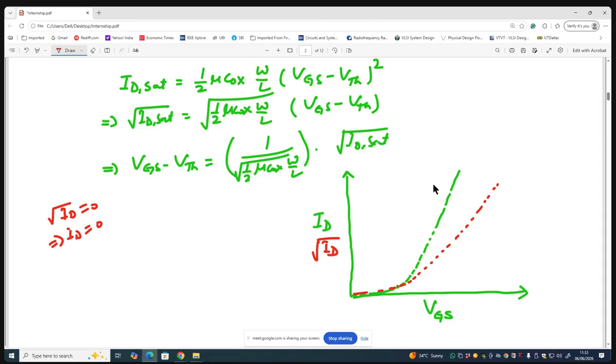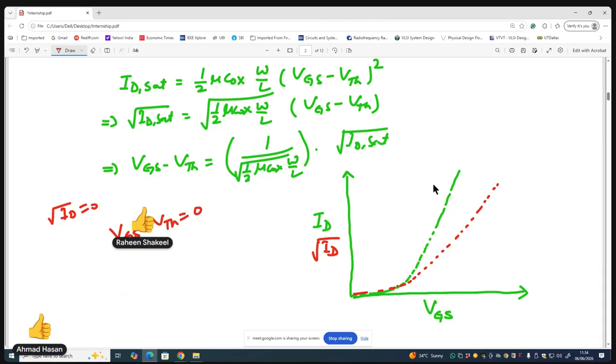So what will happen actually? VGS minus VTH will become 0. Do you agree? We have plotted square root of ID on the y-axis, and you have VGS on the x-axis. Now a square root of ID of 0 implies what? VGS minus VTH is equal to 0. Do you agree?